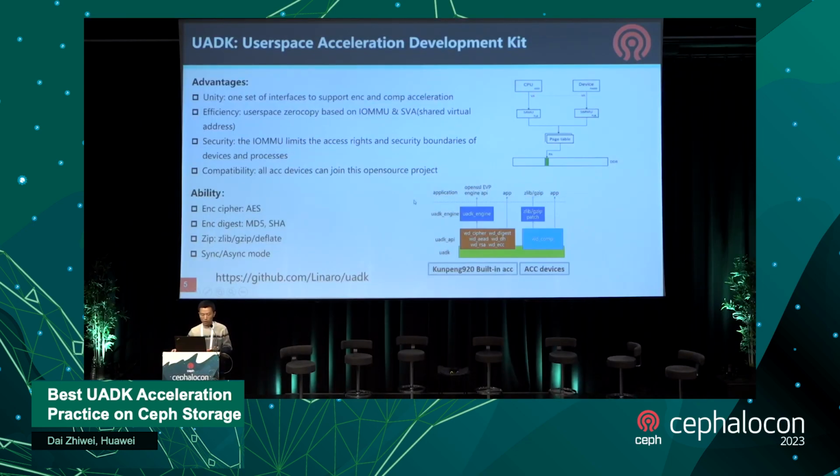Until now, UADK has many abilities, including ciphers, digest, and compression. It supports many algorithms, and at the same time, it supports sync and async request modes.